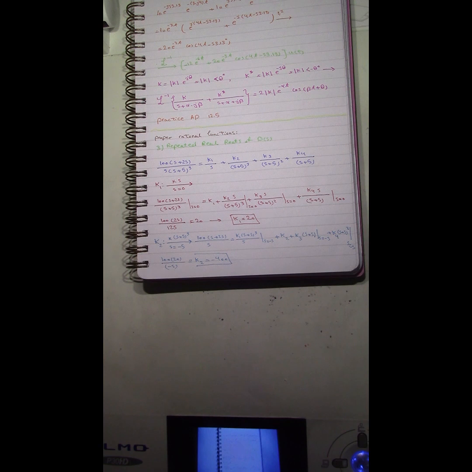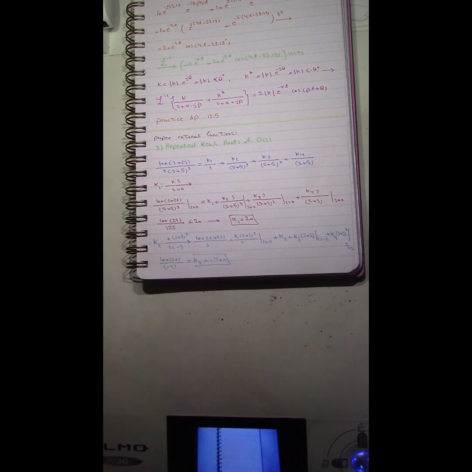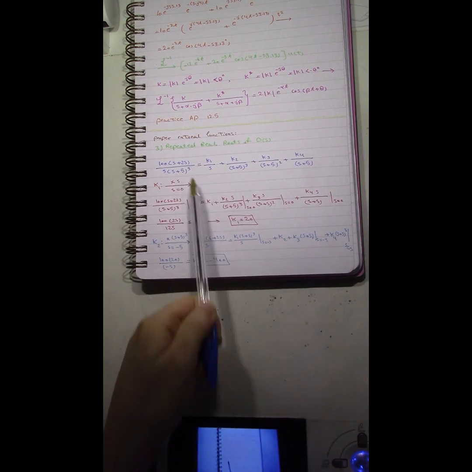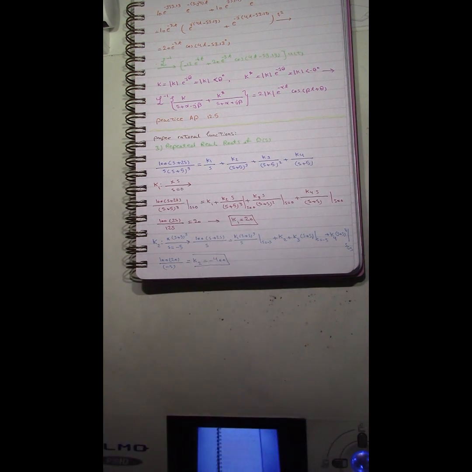What is the maximum order for the denominator? 4. So it means you have how many roots? 4 roots. How many are at minus 5? 3. Okay.